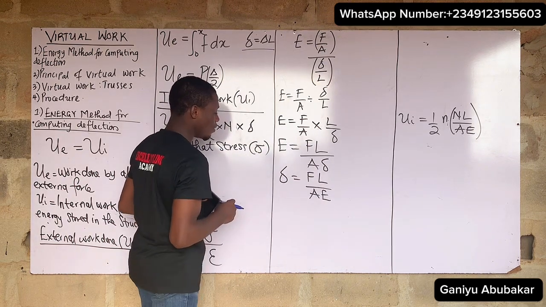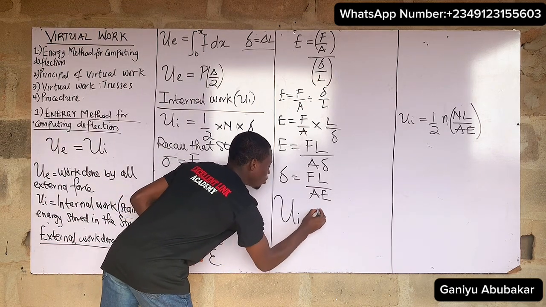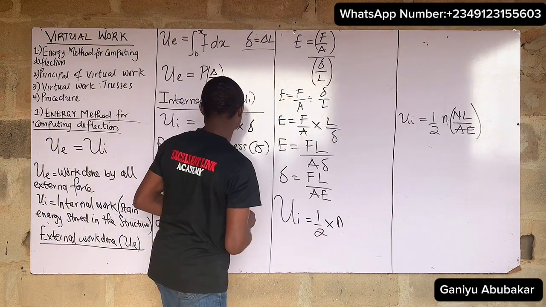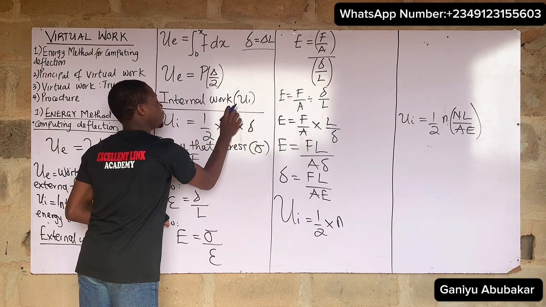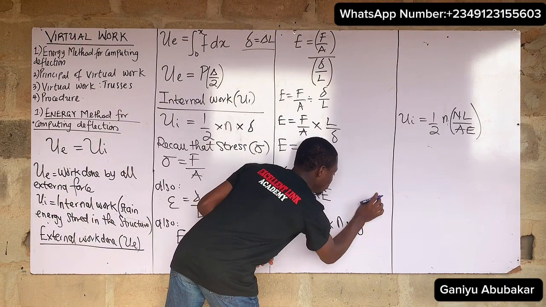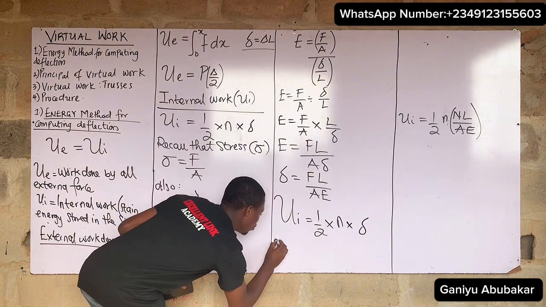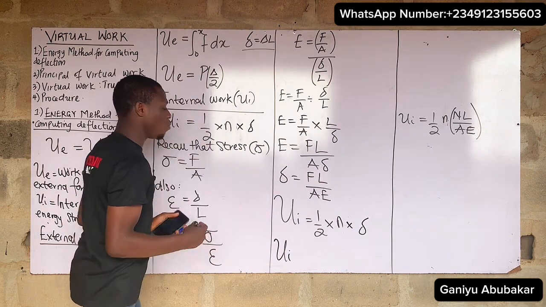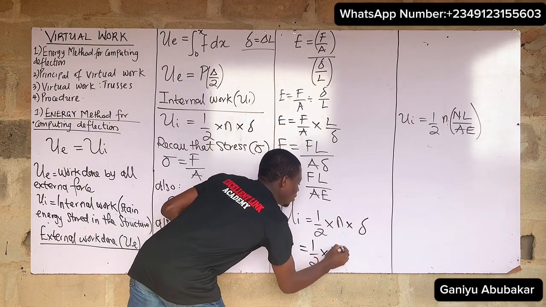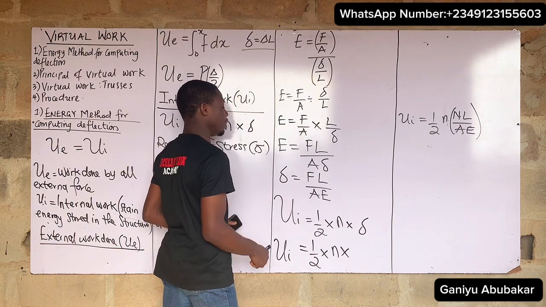Now we said that UI initially was half times small n times delta. From here now, UI, which is referred to as internal work, is equal to half times n times delta, which is FL over AE.